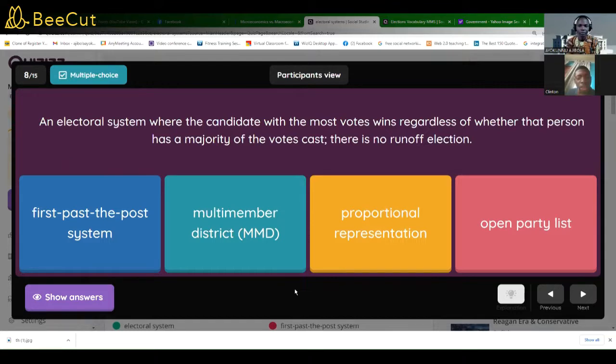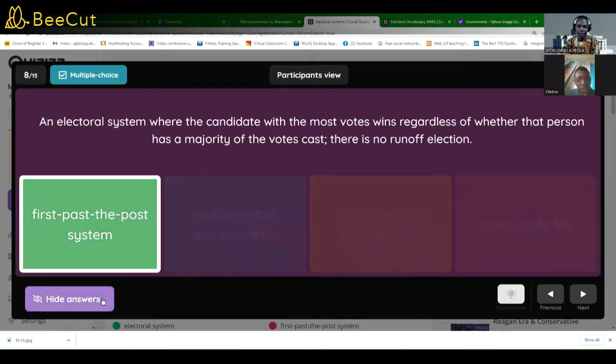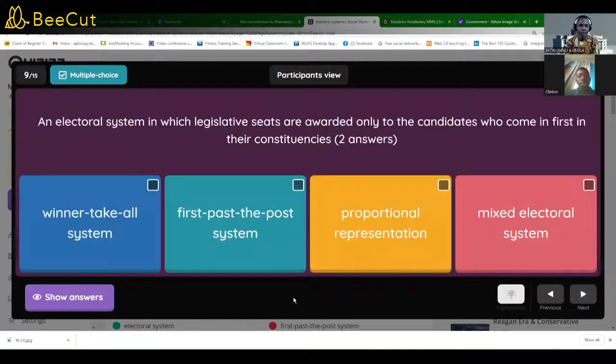There is no runoff election in this. Let's pass the poll system. Okay. Yes. So the next one.